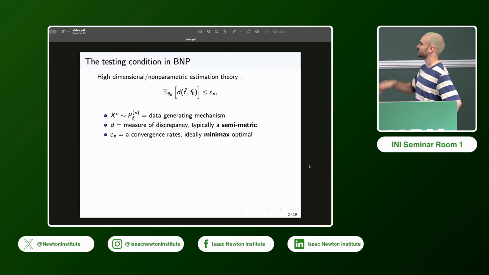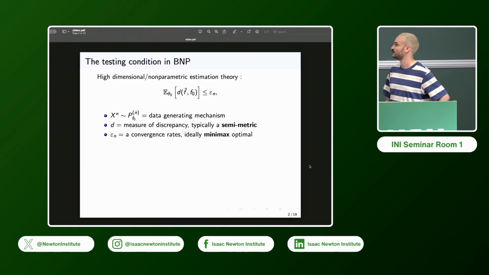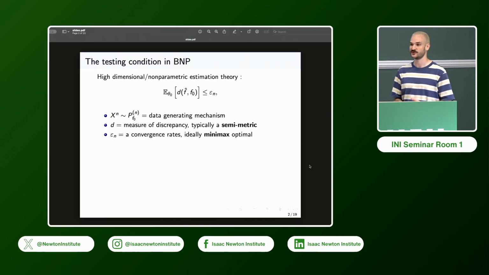So first, let's forget anything about being Bayesian. Let's say you want to solve a high-dimensional nonparametric estimation problem, and what you want to estimate is an f-naught given some observations based on it, where f-naught is a parameter: a density function, regression function, anything.